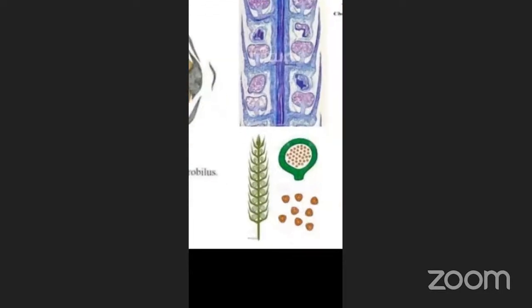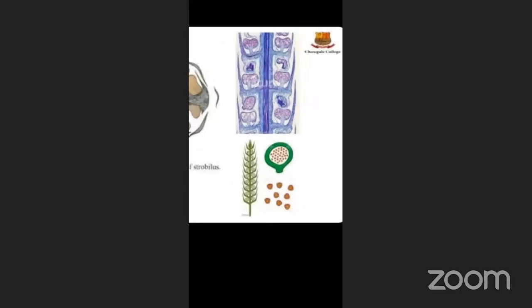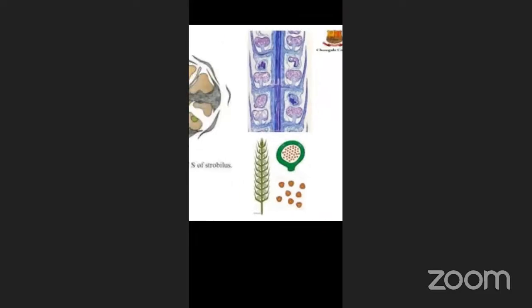This one is the tetrad. Tetrad condition means each spore mother cell, the sporocyte, undergoes reduction division to produce tetrad haploid spores. When the spores are completely mature, the sporangium wall breaks, the stomium splits, and the spores are liberated into the surroundings.